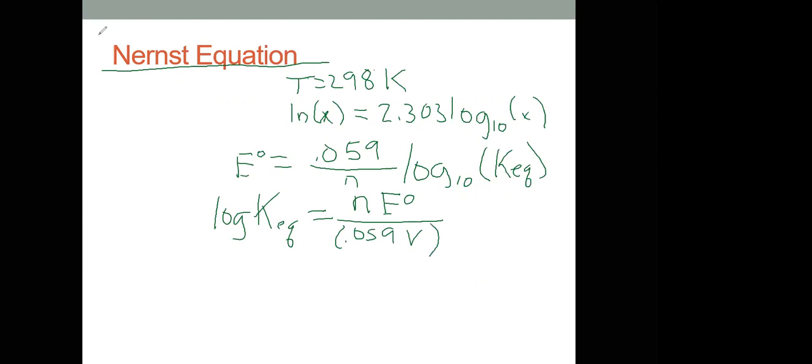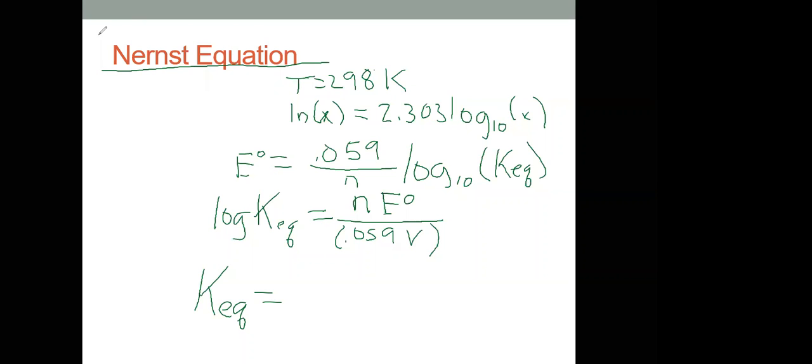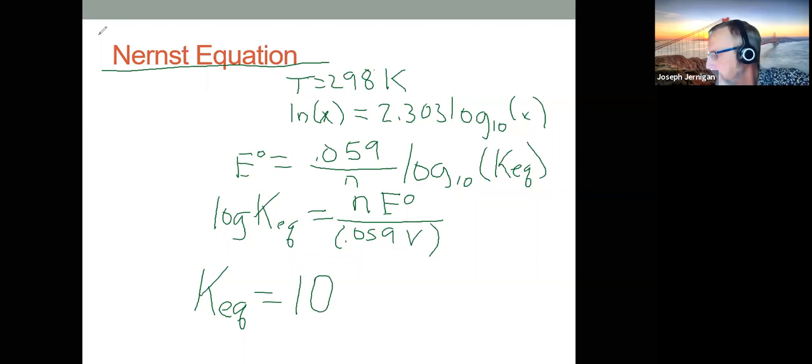So K EQ, therefore, is equal to 10 raised to the power of N E0 divided by 0.059.